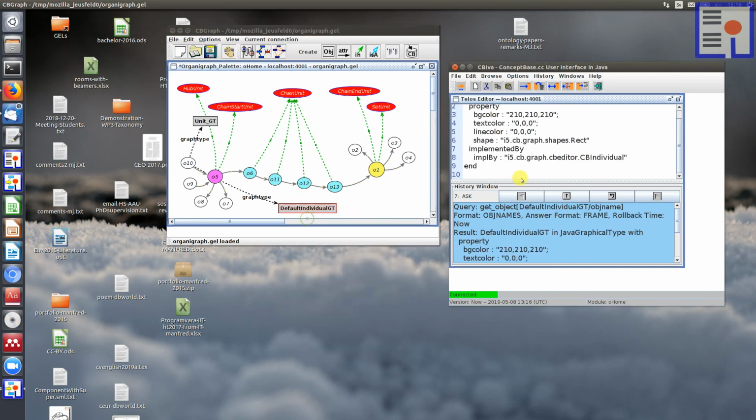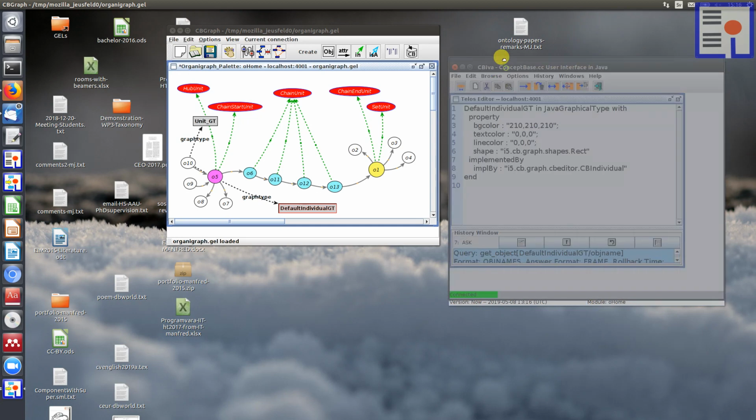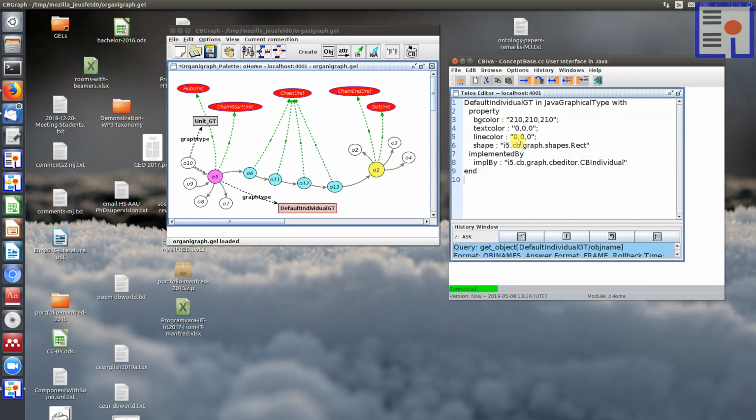That is here a default graphical type for everything that is a so-called individual in ConceptBase. So any node-like object is called an individual. So they will be displayed in this graph browser with this graphical type as something that has a gray background color.